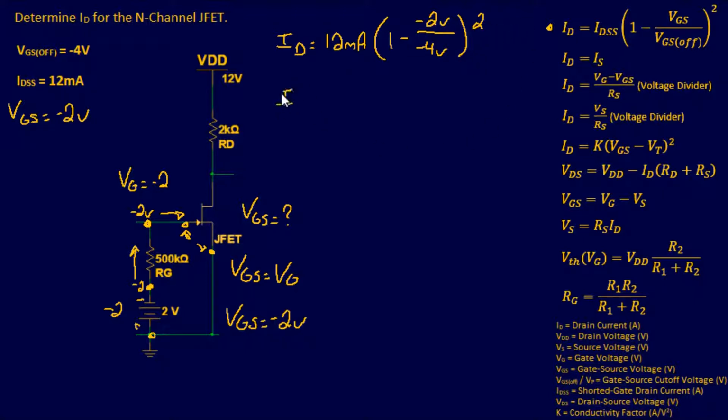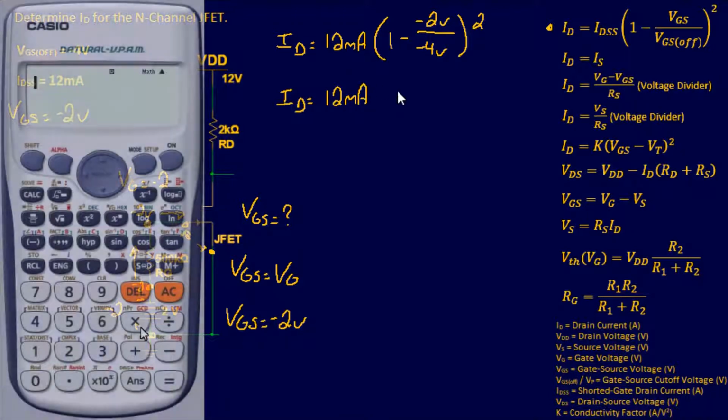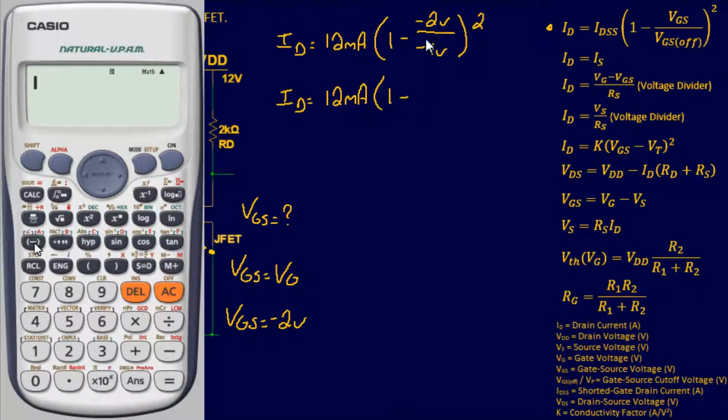And all I have to do is reduce this down, simple math. So it's 12 milliamps times 1 minus. Now a negative 2 over negative 4 is going to be 0.5 volts squared. And that one's pretty easy. 1 minus half is still half.